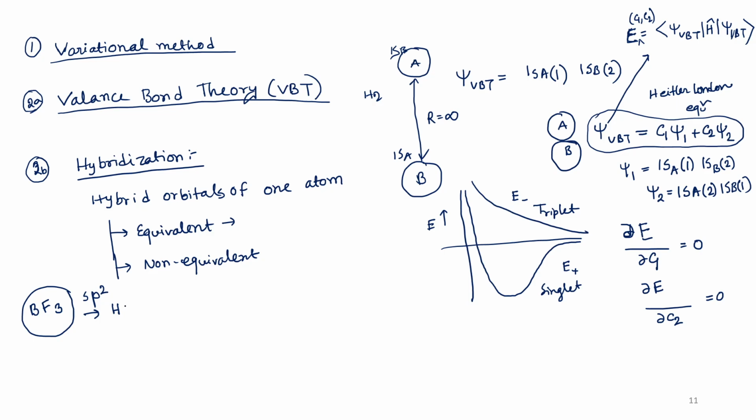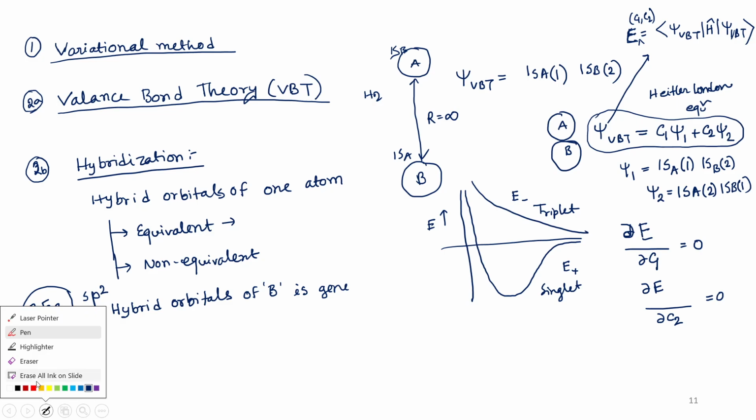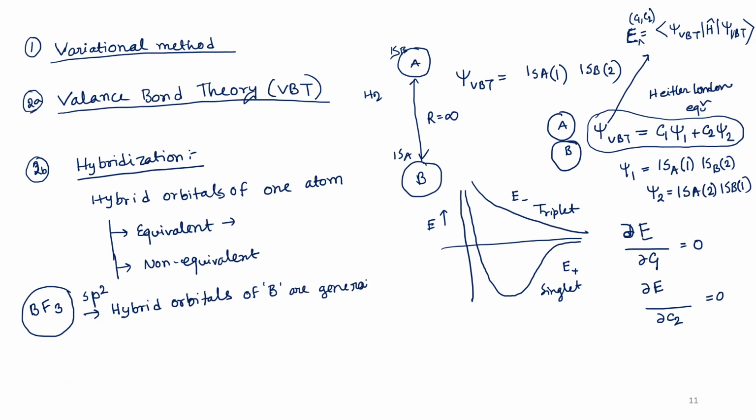So sp2 hybrid orbitals of boron are generated, and then they are going to make bonds with fluorine.